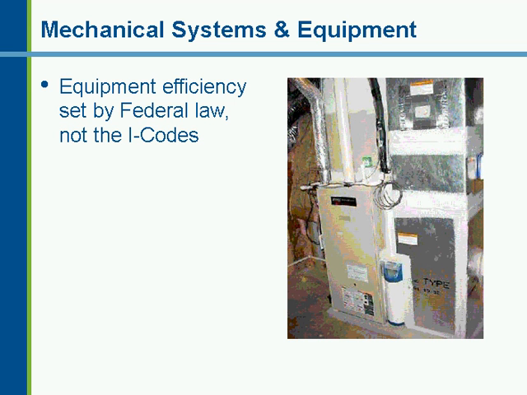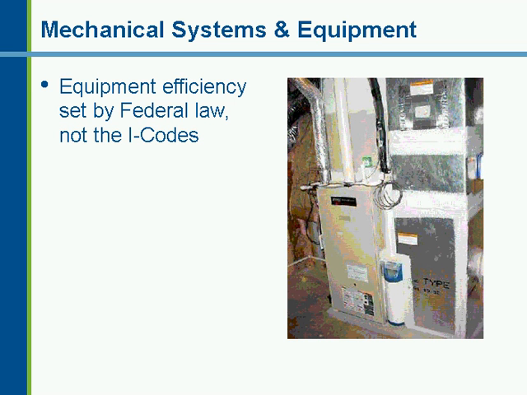Todd? Mechanical requirements in the code are largely preempted by federal law. The National Appliance Energy Conservation Act of, I believe, 1987, preemptively regulates the efficiency requirements of most residential style equipment.